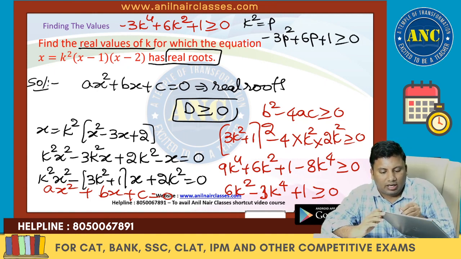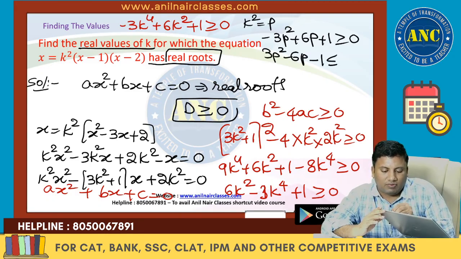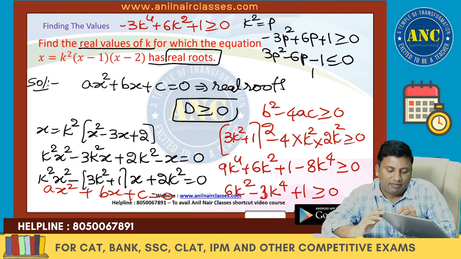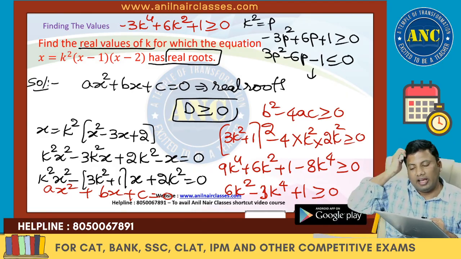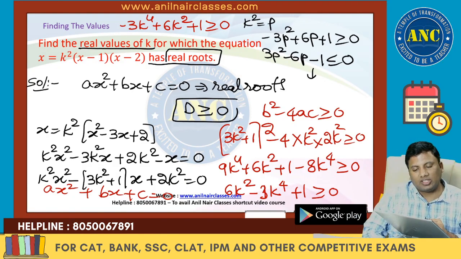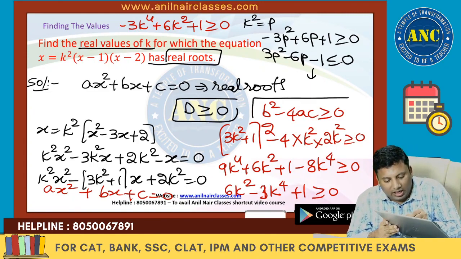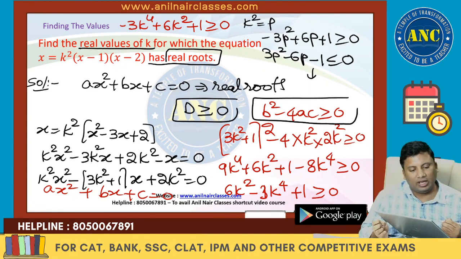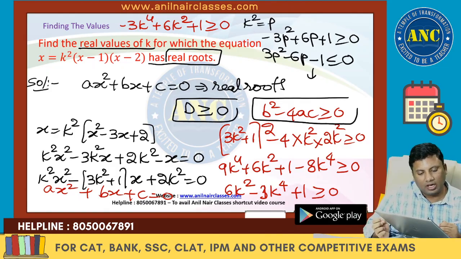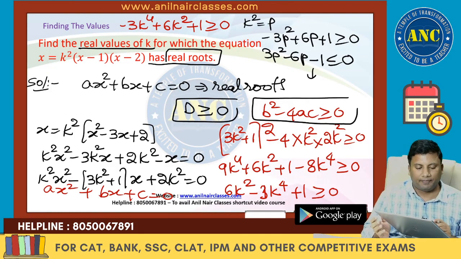This is nothing but 3p square minus 6p minus 1 less than or equivalent to 0. Find the range for this one by using minus b plus or minus root of b square minus 4ac by 2a. I hope the idea is clear.